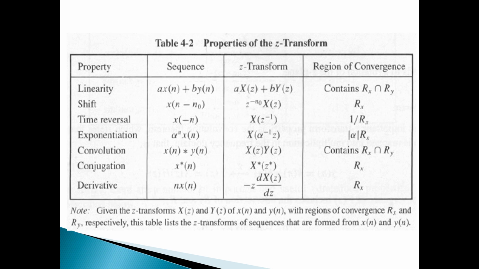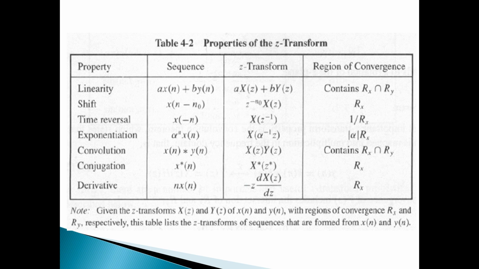Now that is a quick review of the different properties which we have seen today. The first one is linearity property and the region of convergence, the intersection of those values. Second one is the shifting property. Then comes the time reversal property. x of minus n is having the Z transform of X of z inverse.